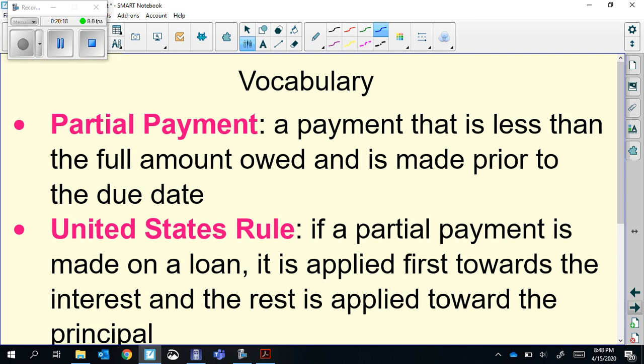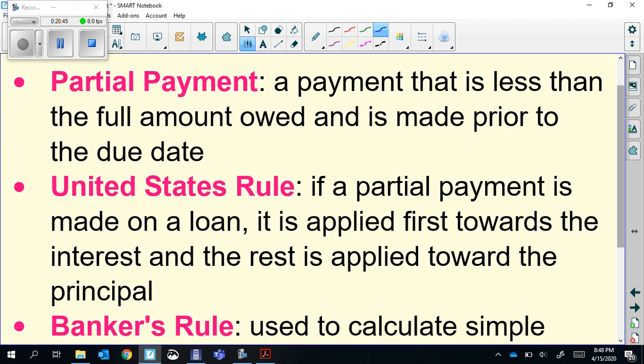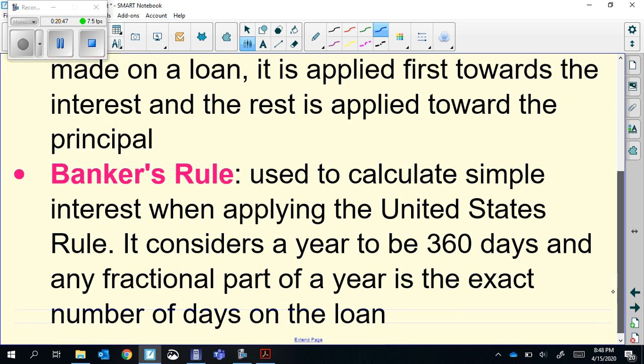And the rule is that if you pay a partial payment, it first goes towards the interest, and then whatever you pay in addition to interest goes towards the principal. So if you're paying $50 a month, that $50 would first pay off whatever the interest was that added up, and then pays toward the rest.